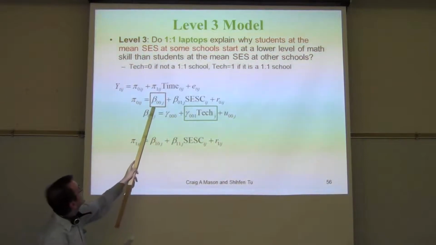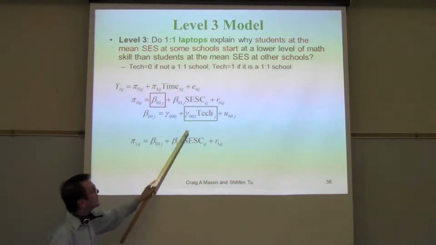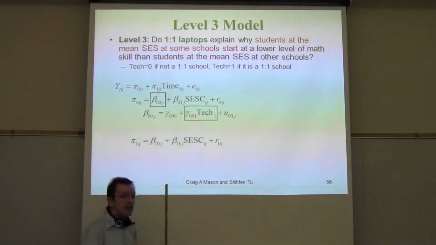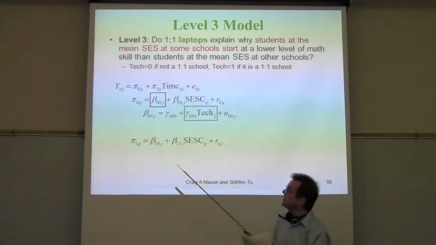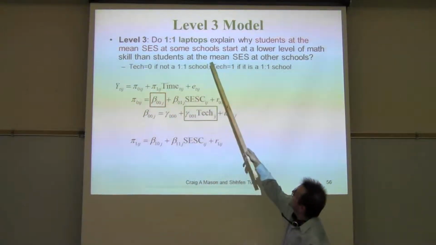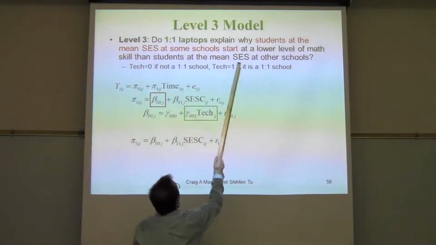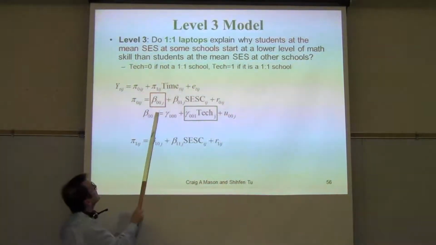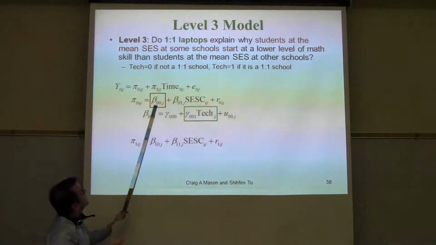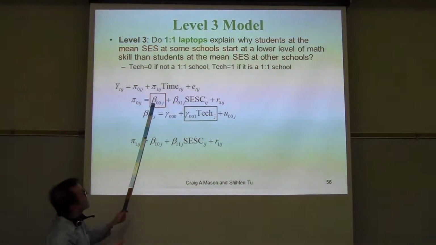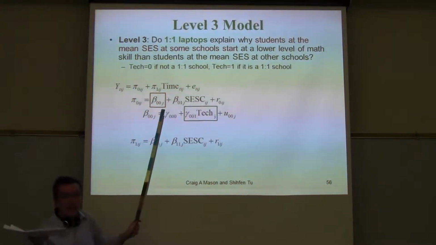So, beta 00J, let's try to see, are there school variables that explain variability in those beta 00Js. Now remember, what beta 00J was, and it's color-coded because I keep track of that, that's that baseline score for students at the mean SES.